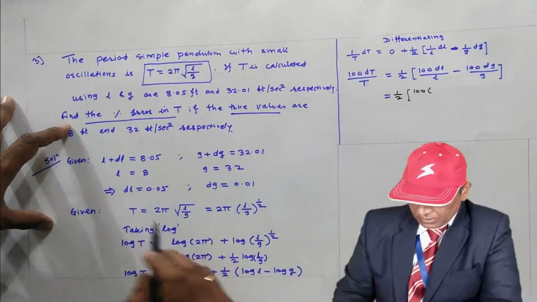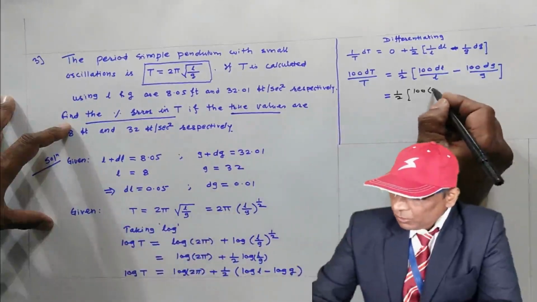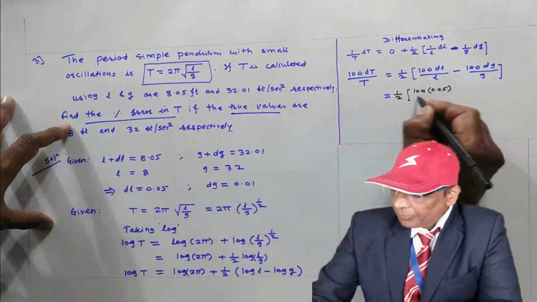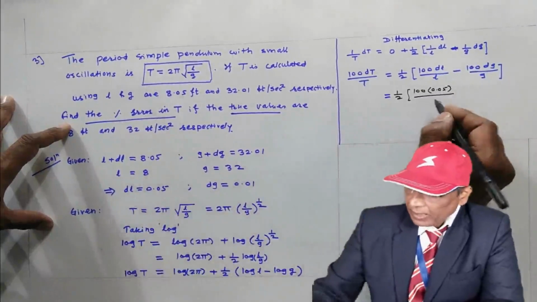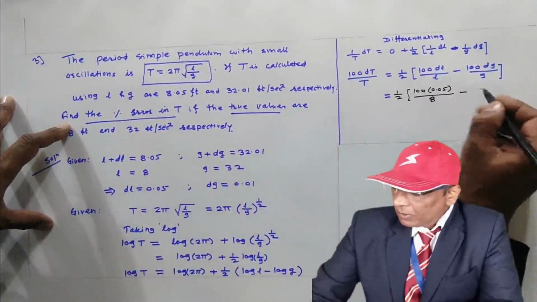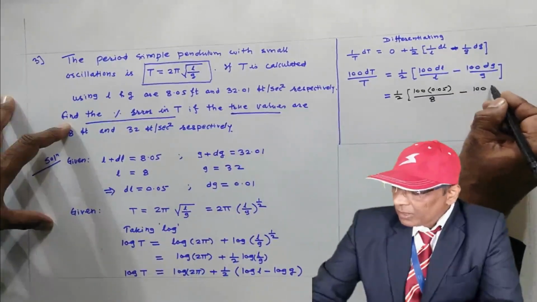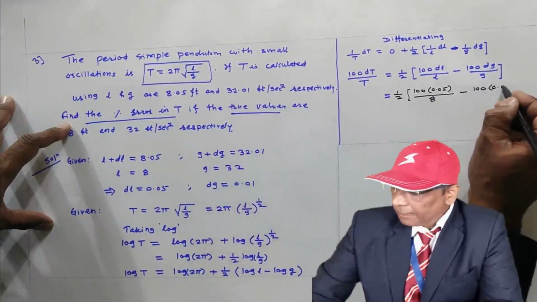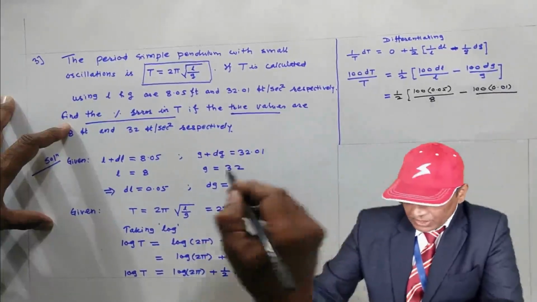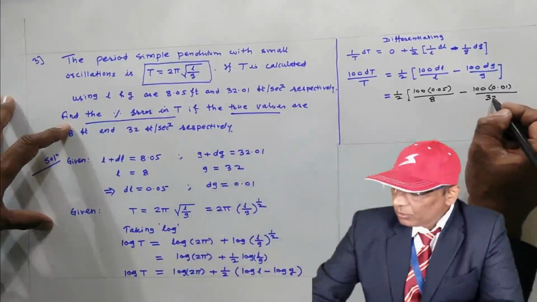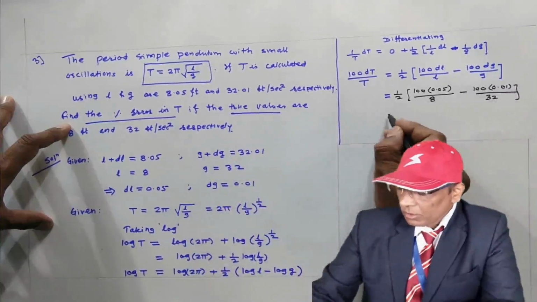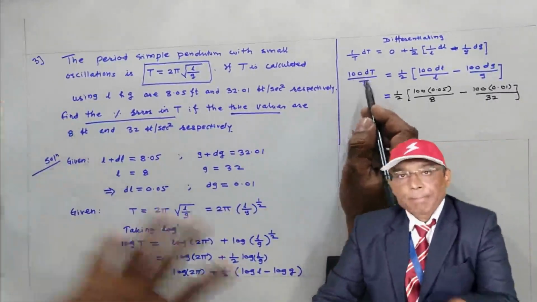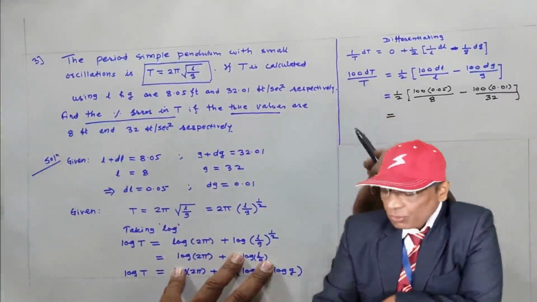100, DL is 0.05, L is 8. 100, DG is 0.01, and G is 32. Left hand side is the percentage error in T, and that is what we want.